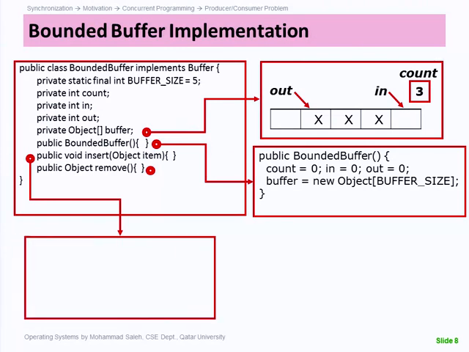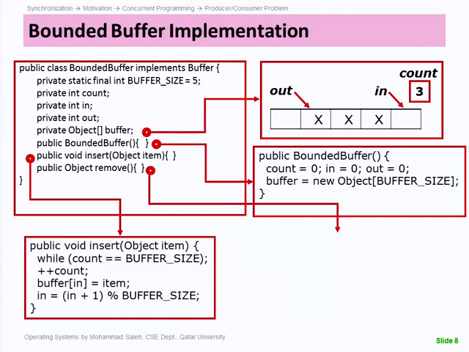We start with the insert method. Insert method is called by the producer, right? It receives an object, and then it's supposed to do the insertion. However, there is a constraint. The constraint is, if the buffer is full, this method won't return, it's blocked.